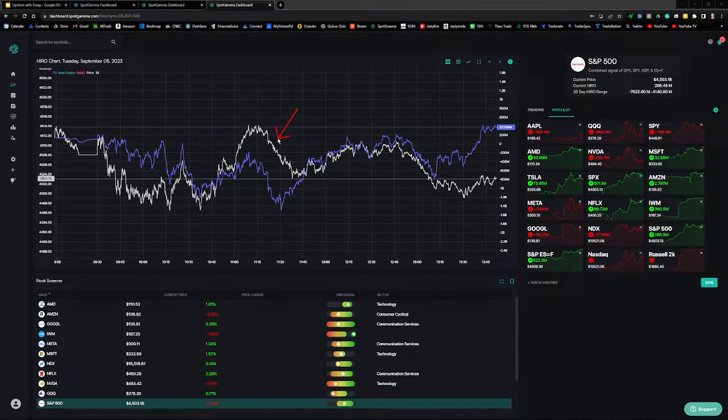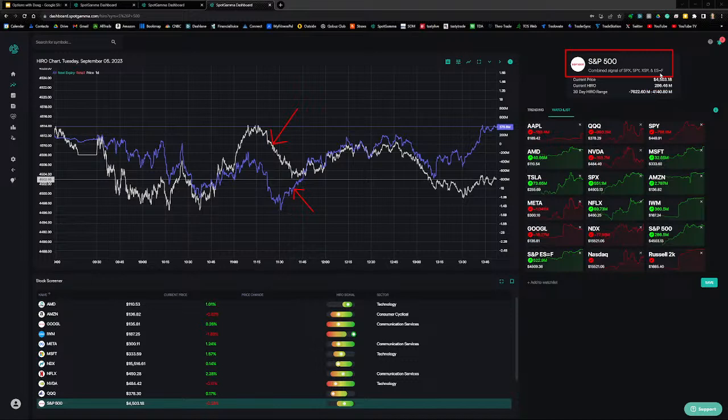This chart is showing price for SPX. The purple line is the HIRO signal. That is showing options trades and market maker hedging activity for a combined signal for the S&P 500, SPX, SPY, XSP, and ES futures, all into one combined signal.